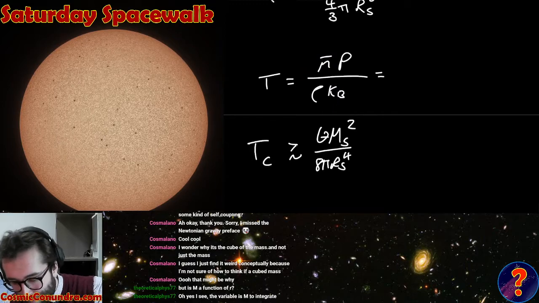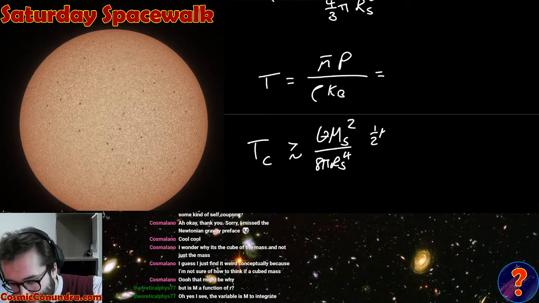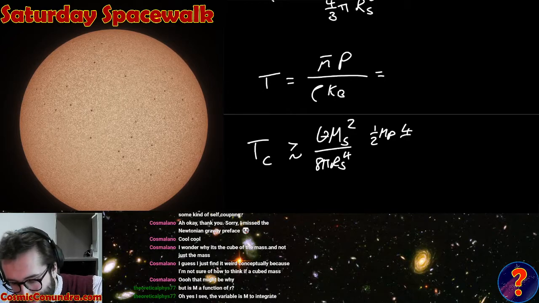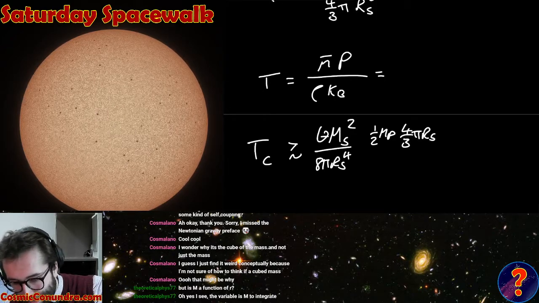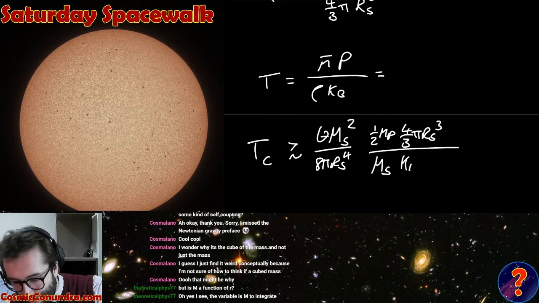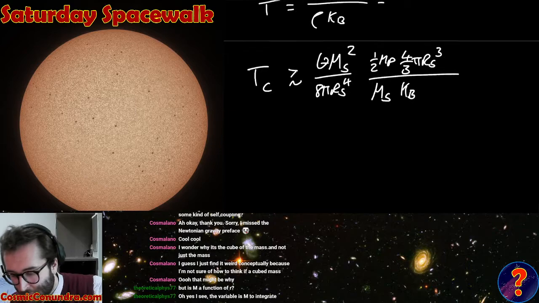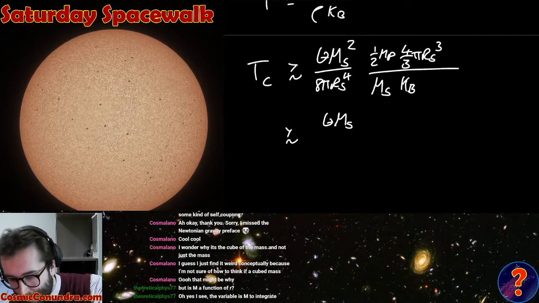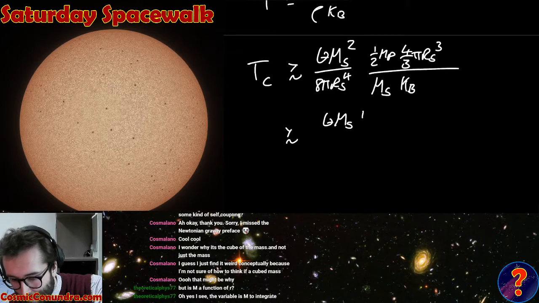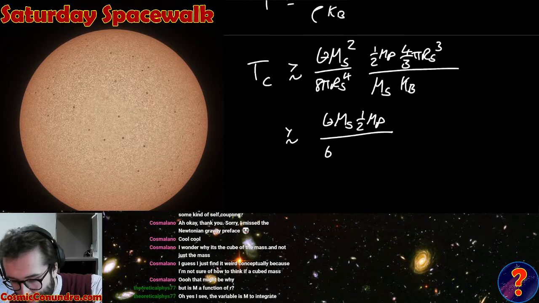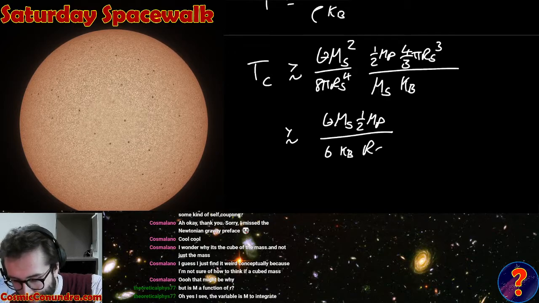Okay, so that is 1/2 mass of the proton for the m bar, and then 4/3 pi Rs cubed over mass of the Sun kB. Okay, so that gives us in total GMs times 1/2 mass of the proton over 6 kB radius of the Sun.